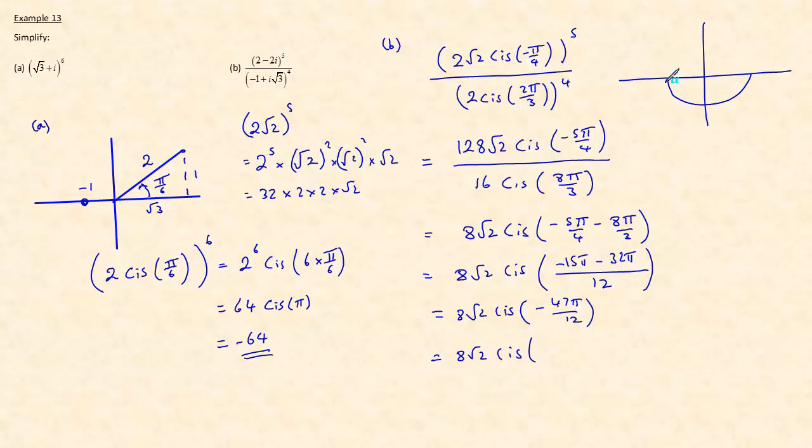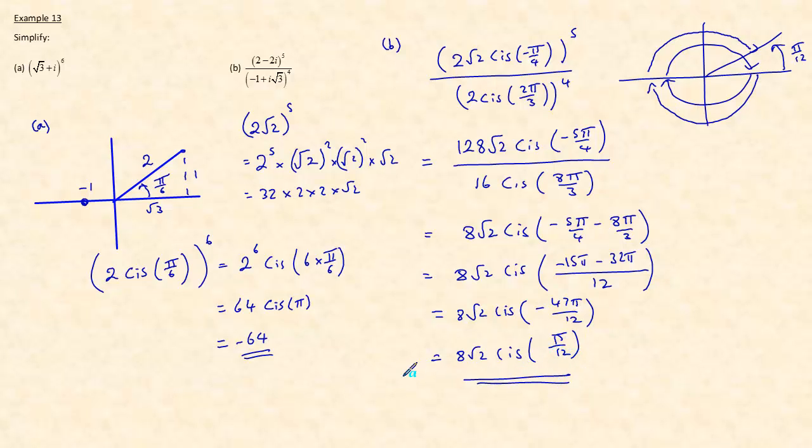So, this is negative 12 pi by 12, so negative pi, negative 24 pi by 12, negative 36 pi by 12, and then to get to the angle we want, we'd go another negative 11 pi by 12, which leaves us with this one as just being pi by 12. So pi by 12 would be our principal argument.